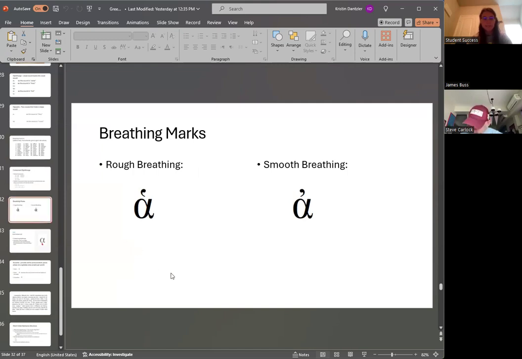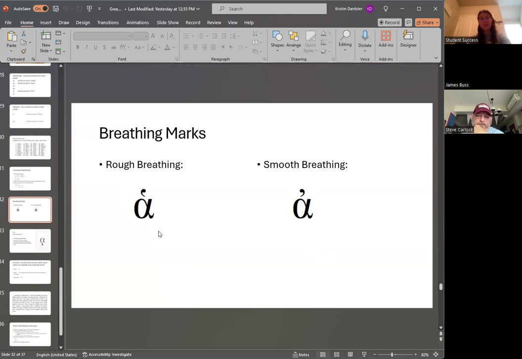Here, I'll bring this back up. So, Steve, there are two breathing marks. If a vowel begins a word, they will put a breathing mark over that first vowel, and that's the only place you'll ever see it. What James is referring to on onoma is a smooth breathing mark, and it doesn't make a sound. Basically it's saying just pronounce the letter as you see it.